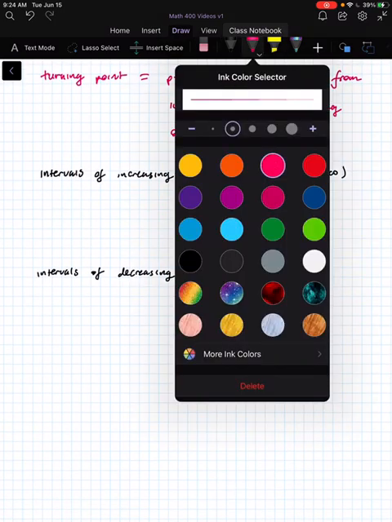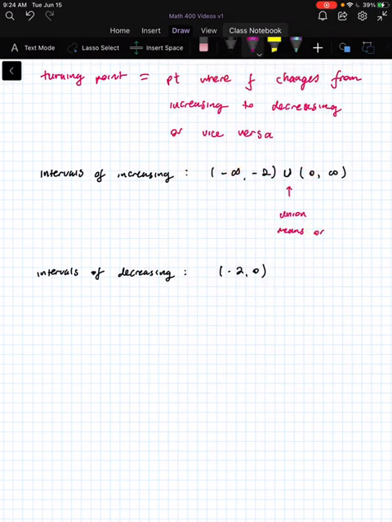All right. So now, here's one for you to try. Find intervals of increasing and intervals of decreasing for the function y equals 1 over x squared minus 9.